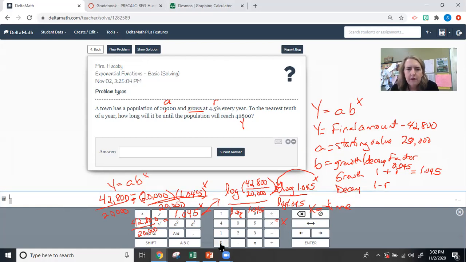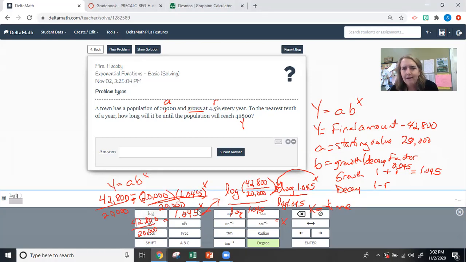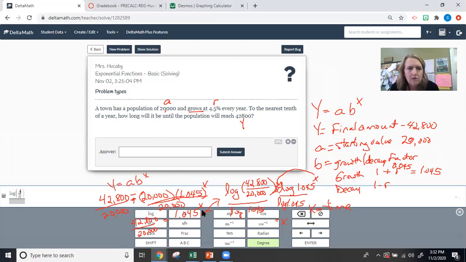If you click on the functions, my log is right up here above the shift functions. So I'm going to have log of 42,800 divided by 20,000. Always make sure you have your numbers right. And then I'm going to divide that by the log of 1.045.